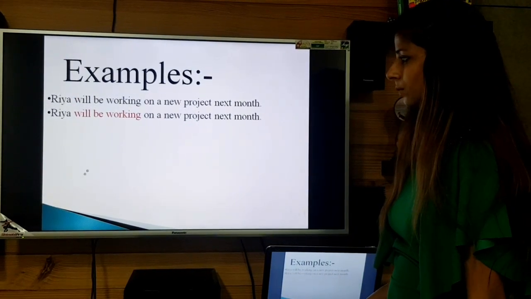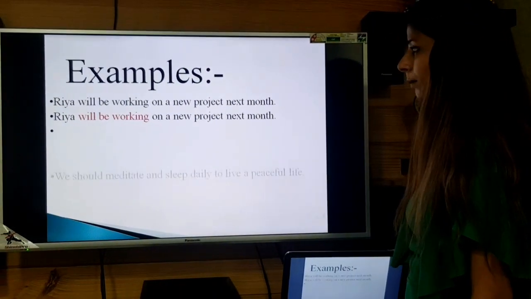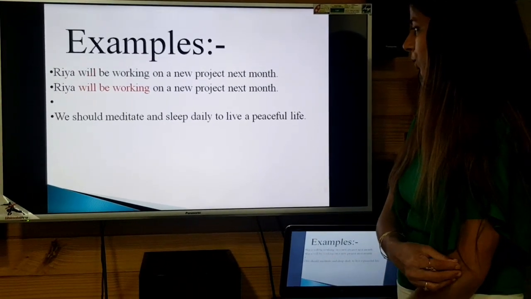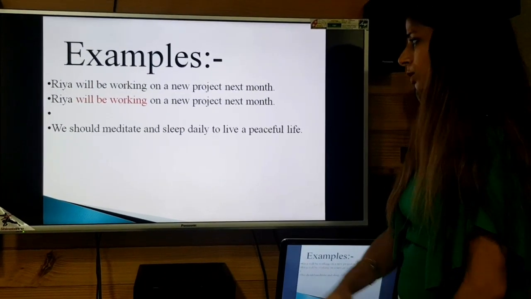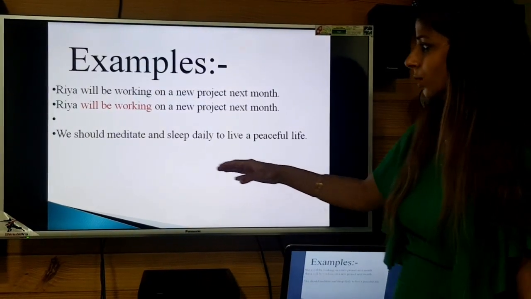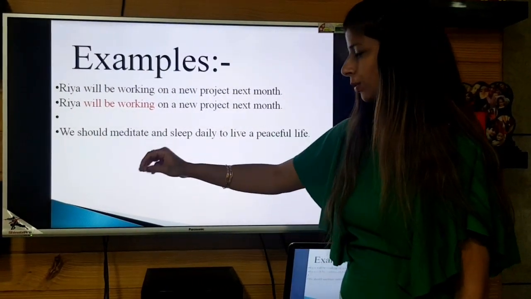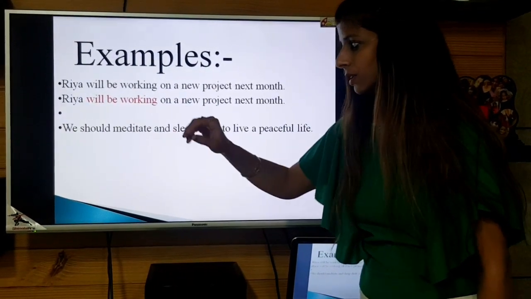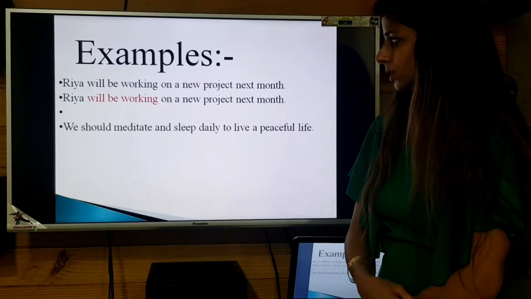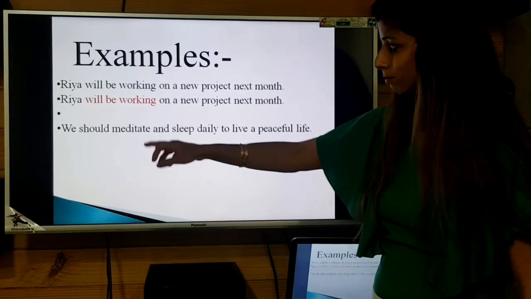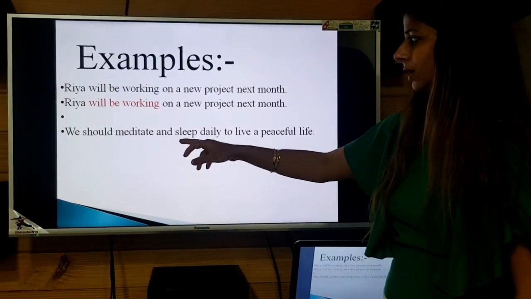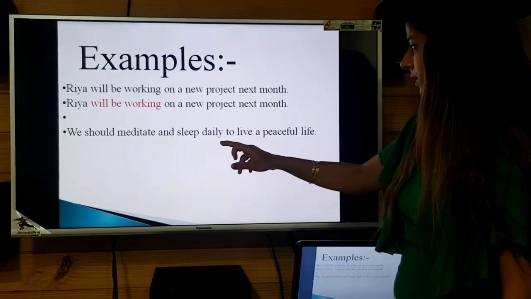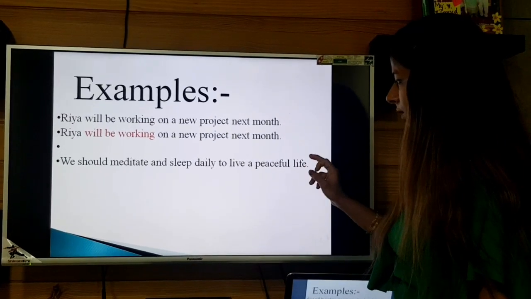Now let's take another. The next example we have: we should meditate and sleep daily to live a peaceful life. In this sentence we have the pronoun, which is the subject, and then the modal auxiliary verb, which is should, and then the action word meditate, and then sleep, which is also an action word, daily to live a peaceful life.